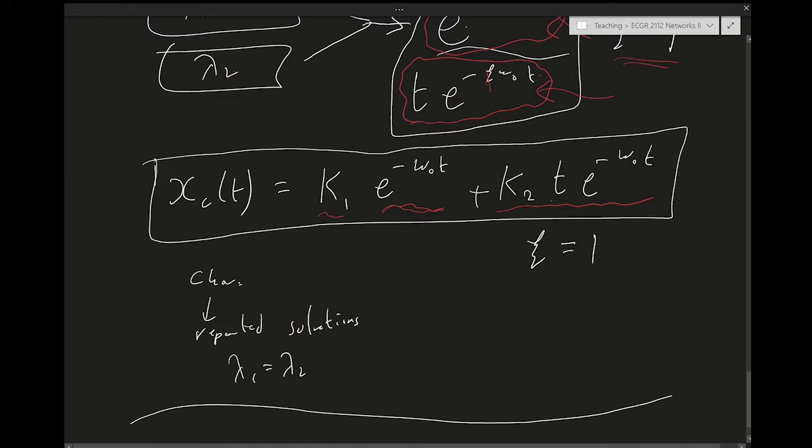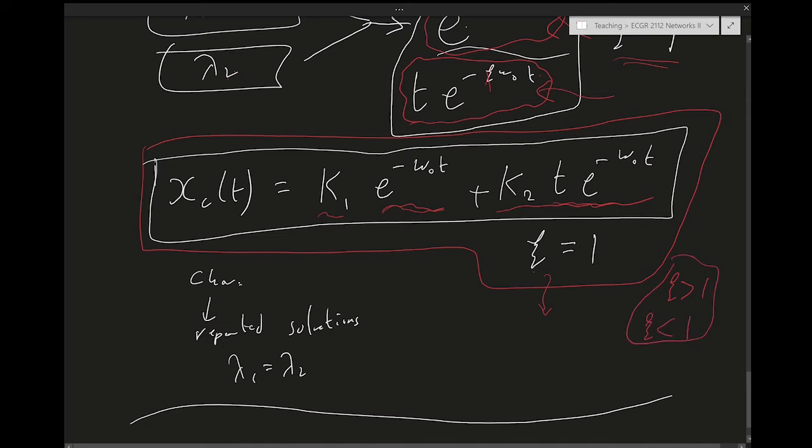We multiply it by t to get our second basis for the general solution, and we build our general solution, right? And this is only for a single case, for zeta equals 1. We know how to treat cases where zeta is larger than 1 and zeta is less than 1 already. This only covers the single case.